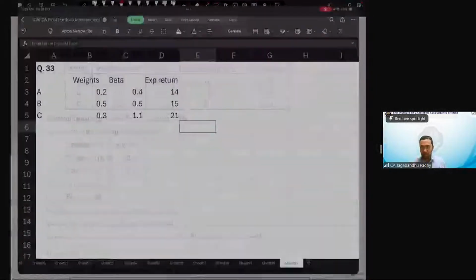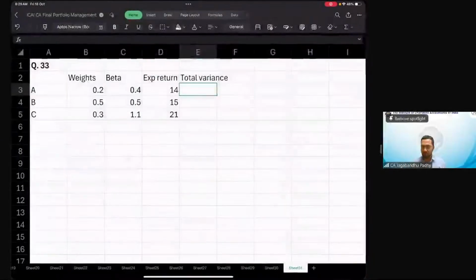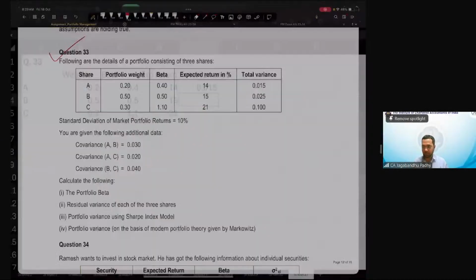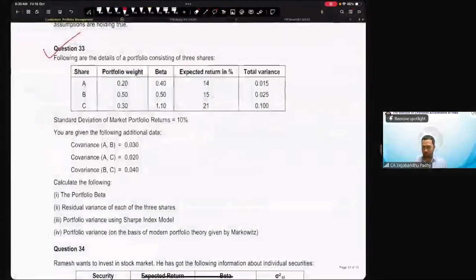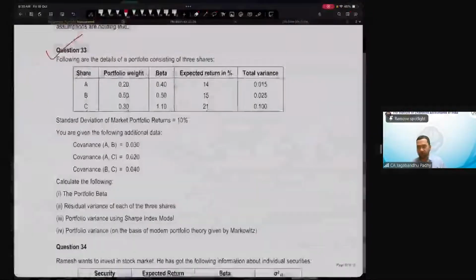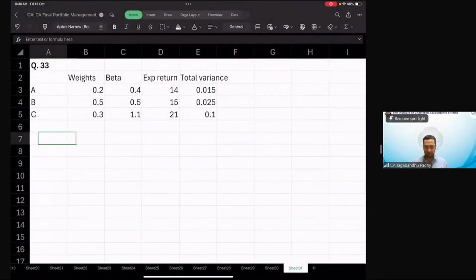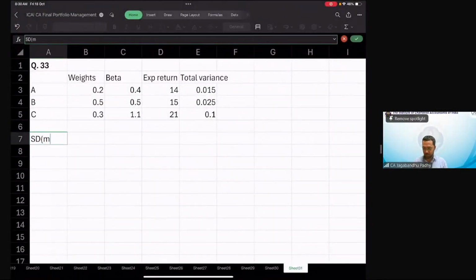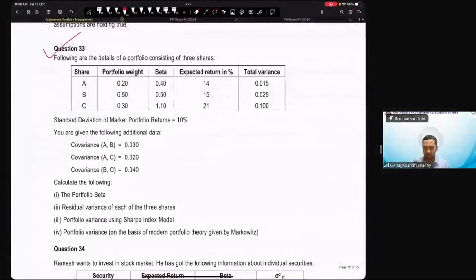And then we have total variance given to us: 0.015, 0.025, and 0.100. Okay. Now standard deviation of market portfolio is given. So standard deviation of the market portfolio is 0.1 because that's 10%.